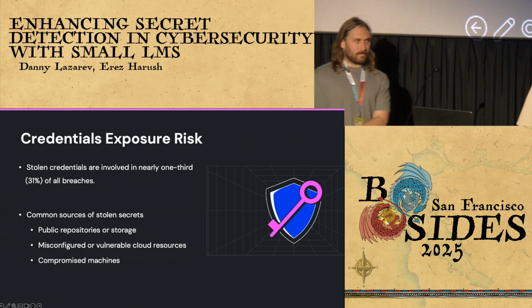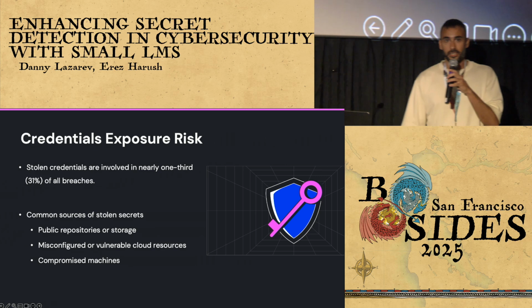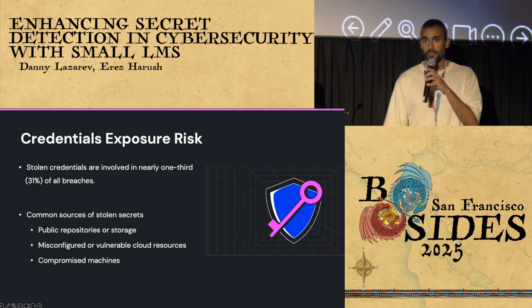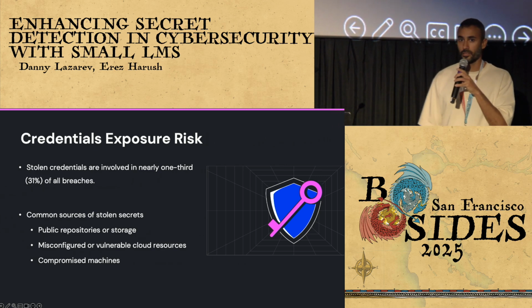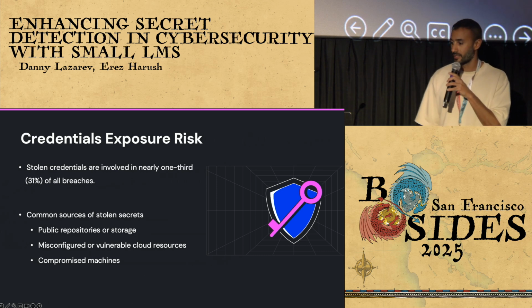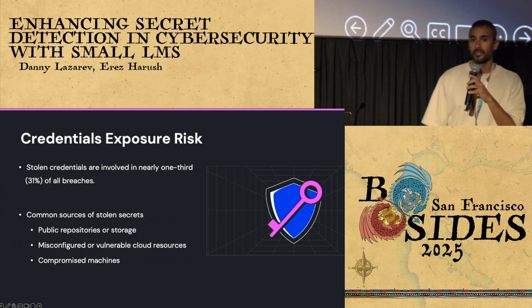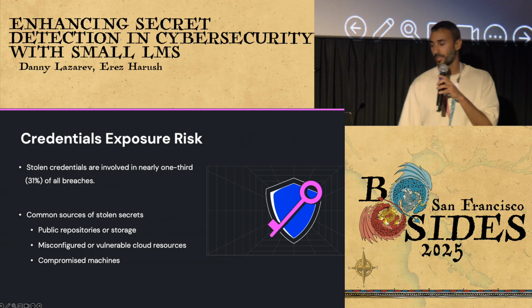So let's start with some motivation. Stolen credentials are still one of the most common attack vectors. We see it in one to three of all the breaches. And we can find stolen credentials in many places. For example, public repositories where you mistakenly commit a secret.